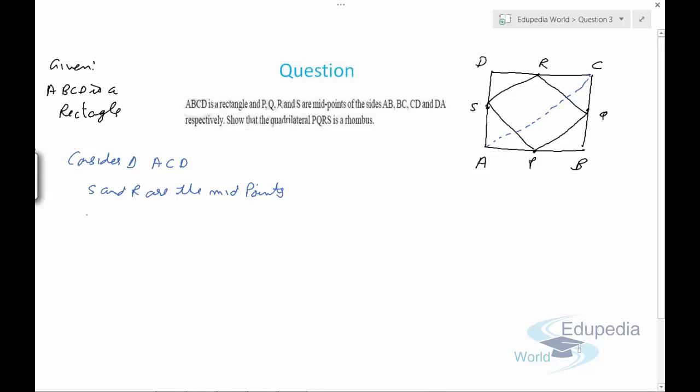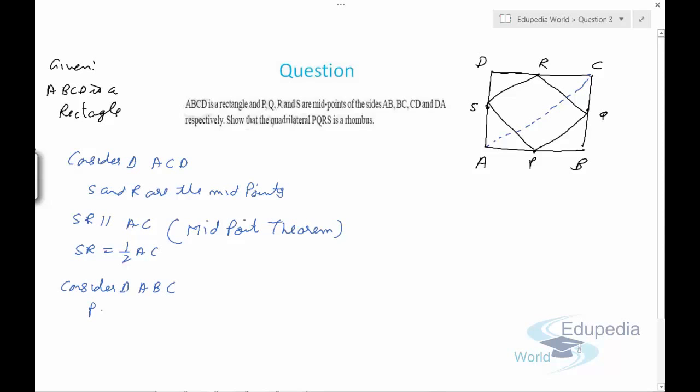So again we can say that SR is parallel to AC and SR is half of AC, by the midpoint theorem. Similarly, if you consider triangle ABC, again P and Q are the midpoints.